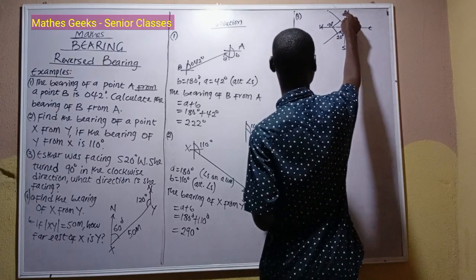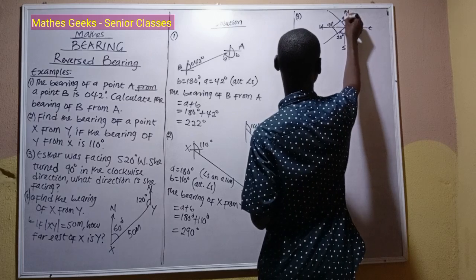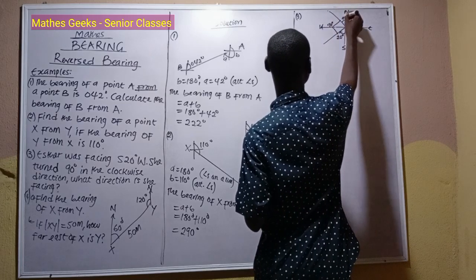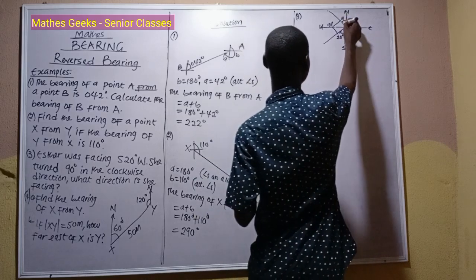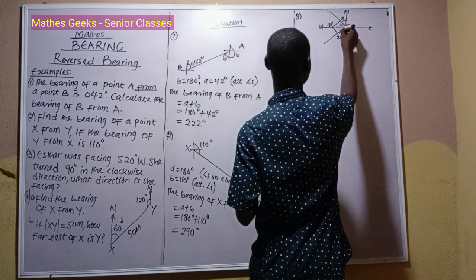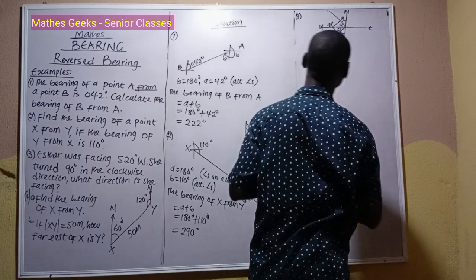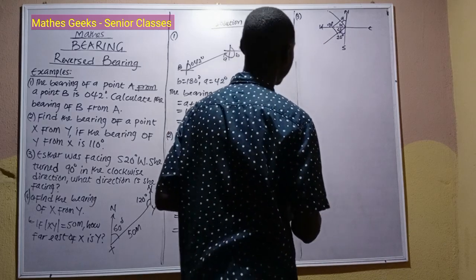So now from the north, let's call here A, north A degrees west. For us to get A, we need to get B, and then we need to get C. So let's see what that gives us.